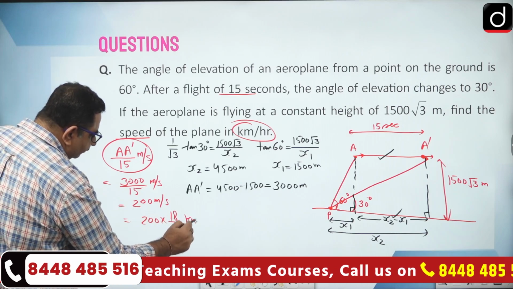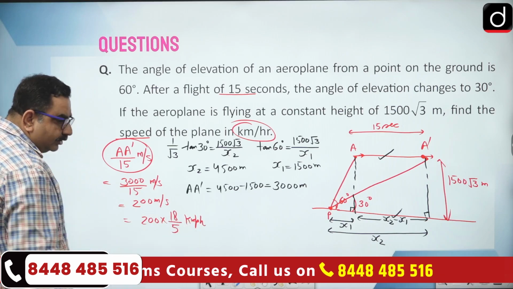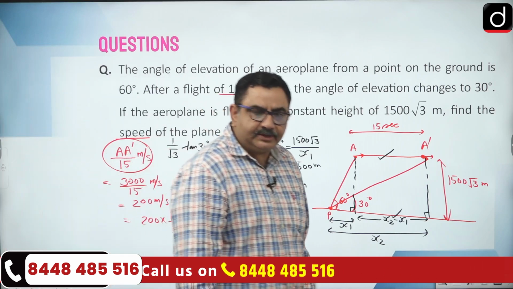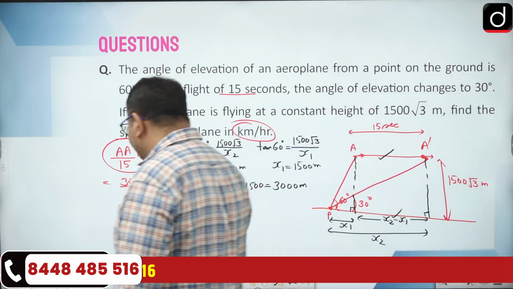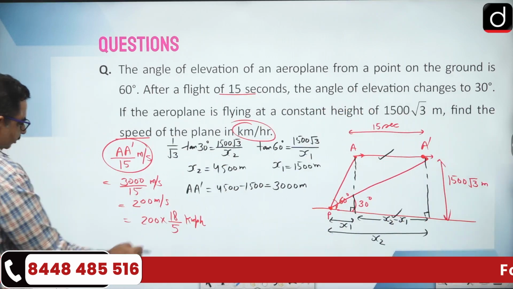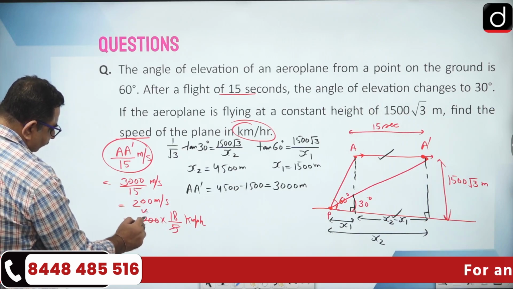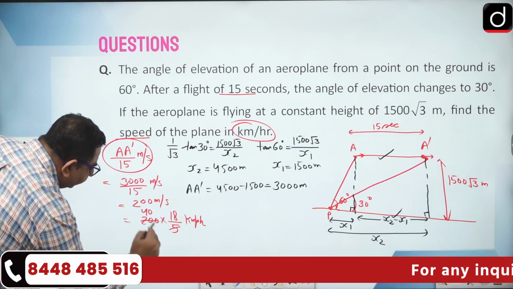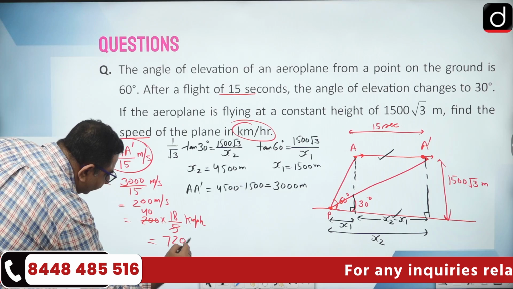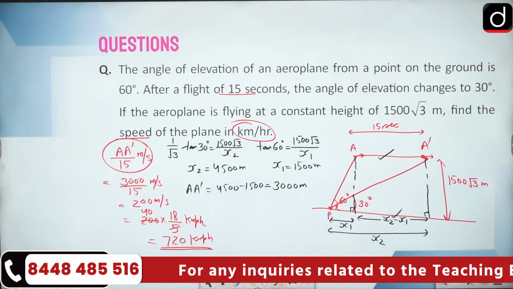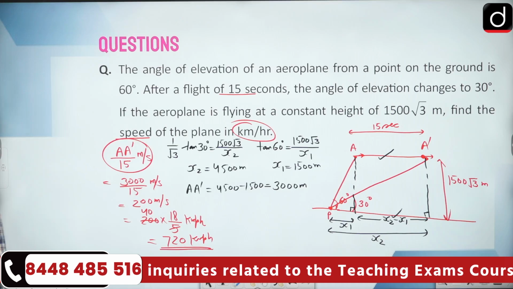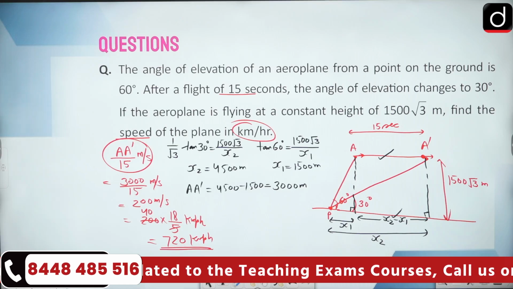That we have done in the classes of time, speed and distance, that is speed conversion from kilometer per hour to meter per second and vice versa. So 18 into 40 is 720 kilometer per hour, right? So this is the correct answer, 720 kilometers per hour.